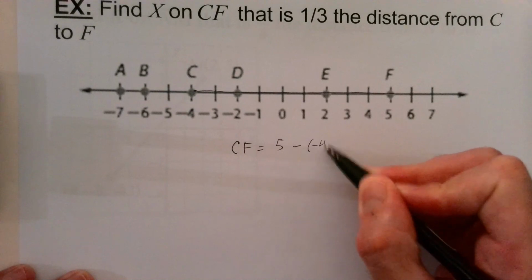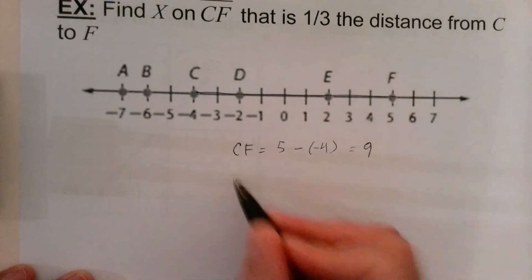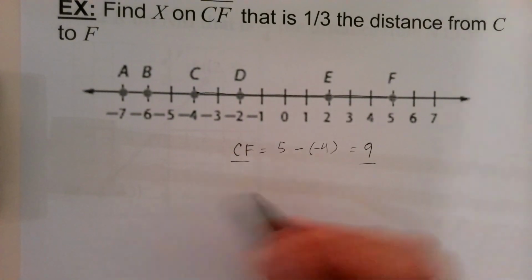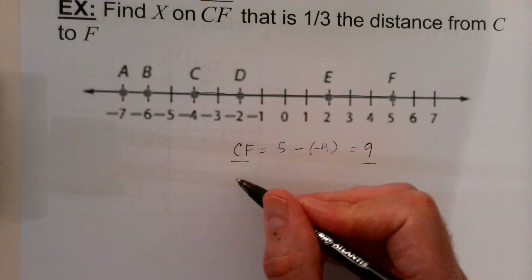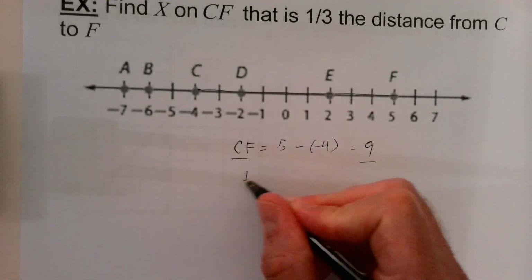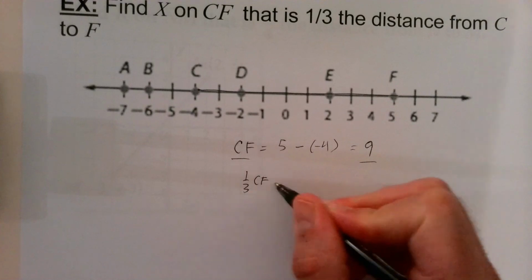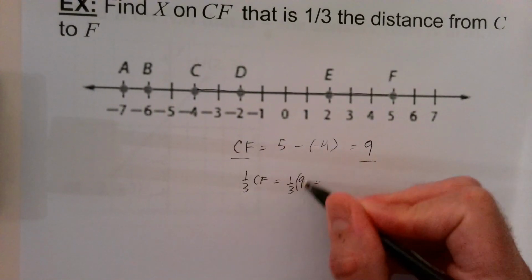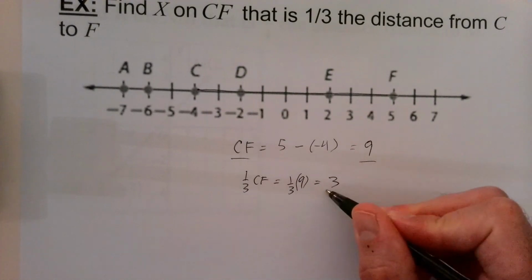C is at minus 4. So CF is 9. You can count the spaces. I highly recommend against it. It just takes longer. So I'm trying to find 1/3 of that distance, or 1/3 of that length. 1/3 of CF is the same as 1/3 of 9, which is a 3.